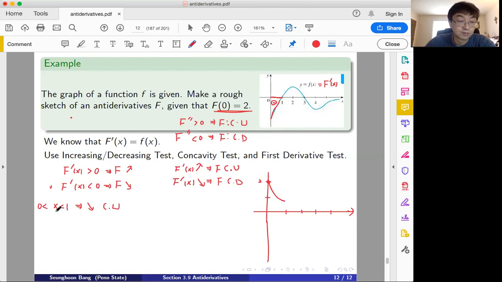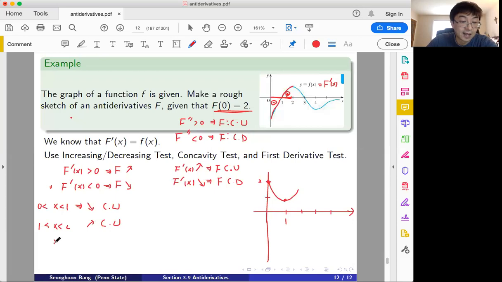For x from 1 to 2, the graph of f is above the x-axis, so F is increasing again, and concave up. So like this. We have a local minimum at 1.